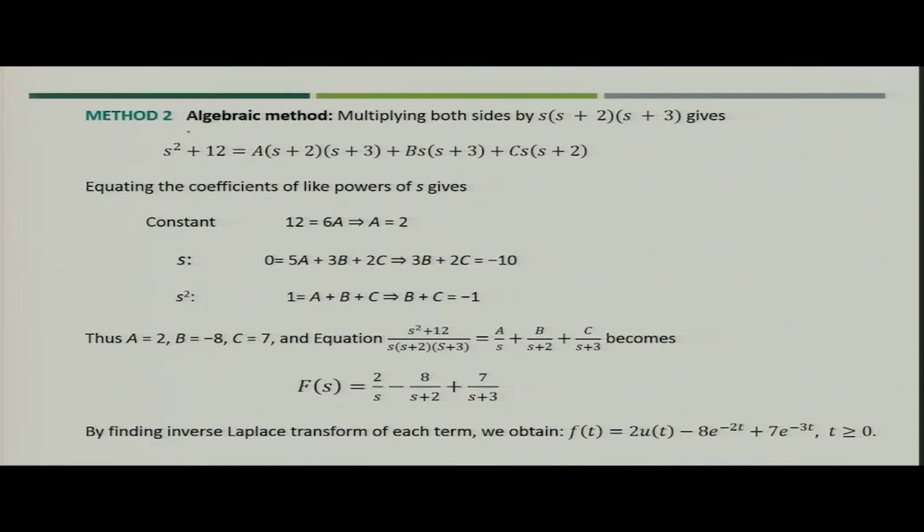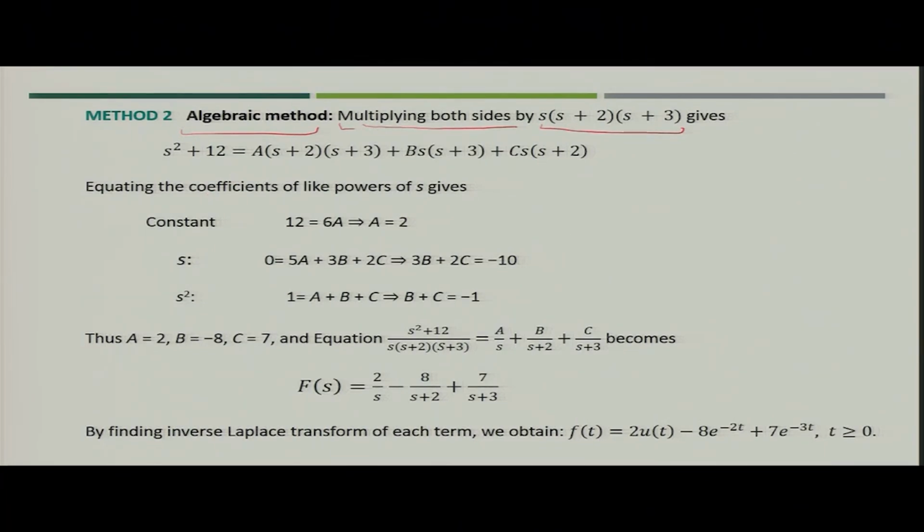So, with this you can easily find out the inverse Laplace transform. Another method is that you can use the simple algebraic method, which you generally use for solving general expressions. So, here we will apply that technique to find out the inverse Laplace transform. What we can do, we can multiply both sides by s(s + 2)(s + 3).